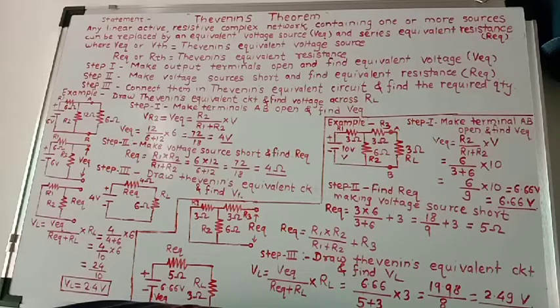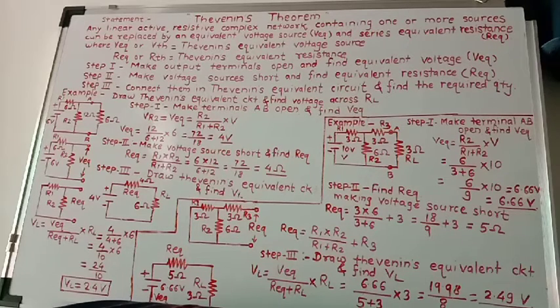Okay, so any complex circuit which consists of many resistances or many voltage sources can be replaced by a single voltage source and a single series resistance. This is Thevenin's theorem.